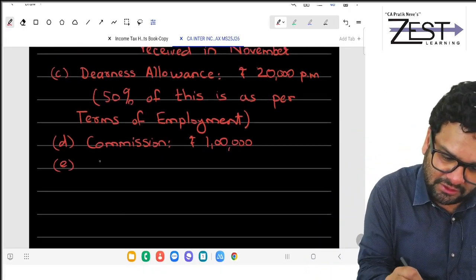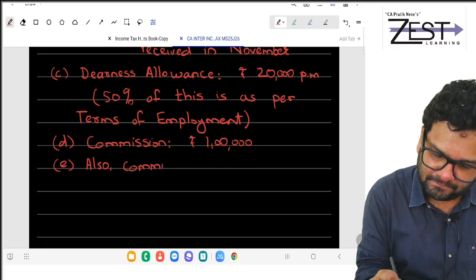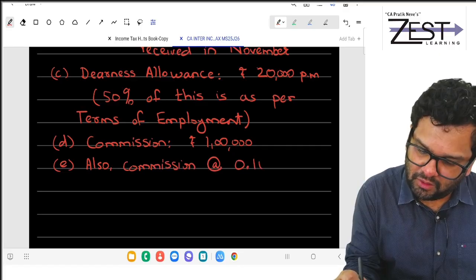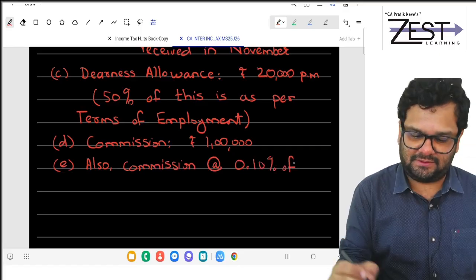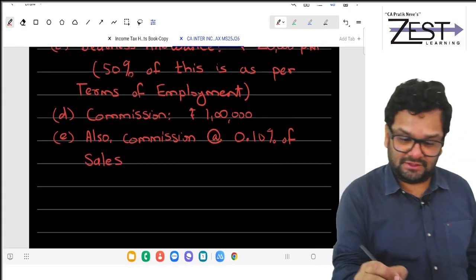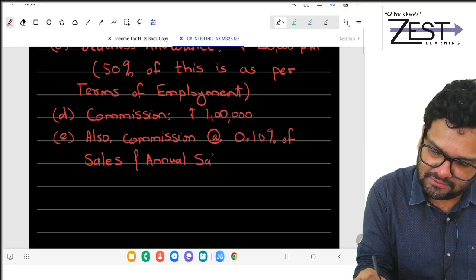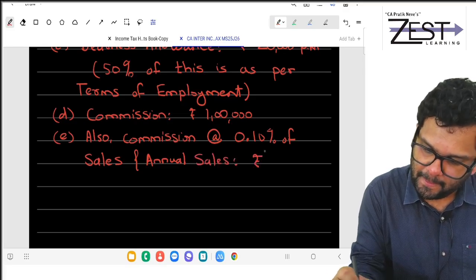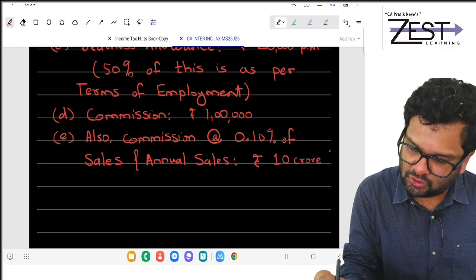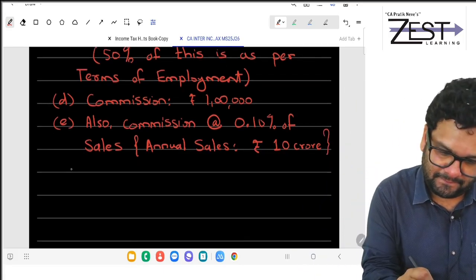E point, there is another commission, also commission at 0.1% of sales. How much? 0.1% of sales. And annual sales is say rupees 10 crore.